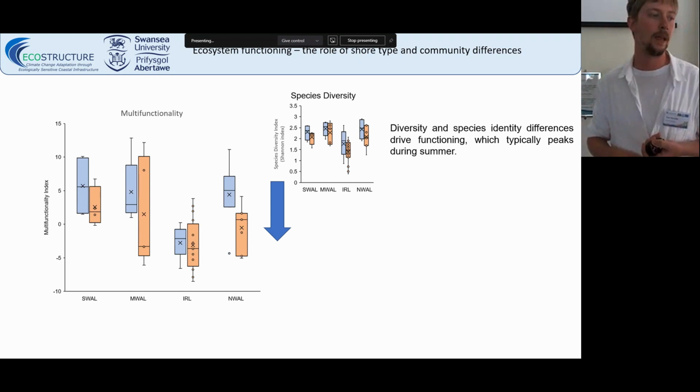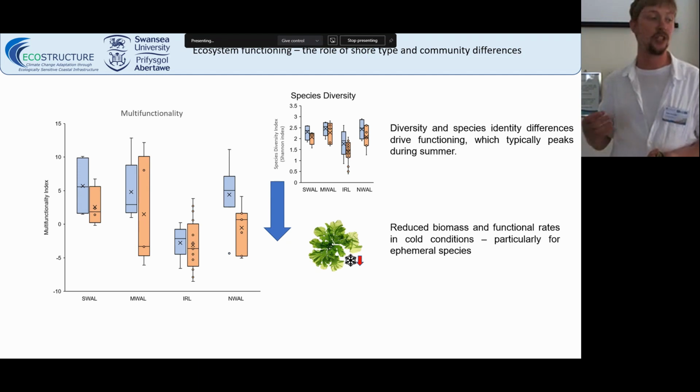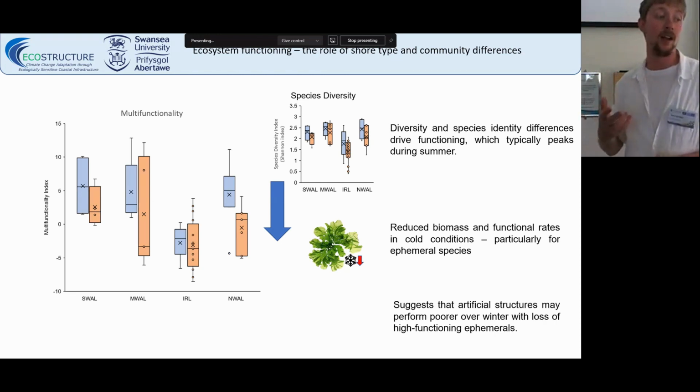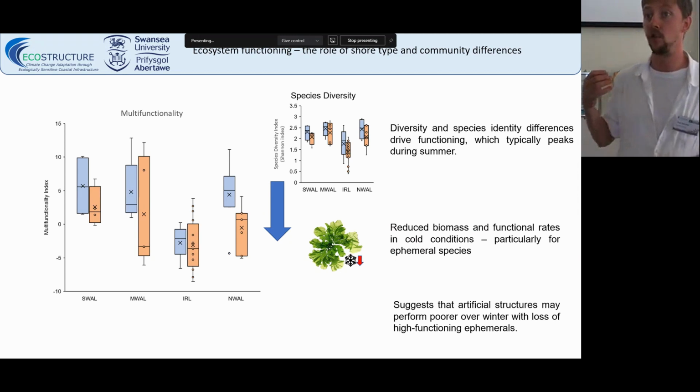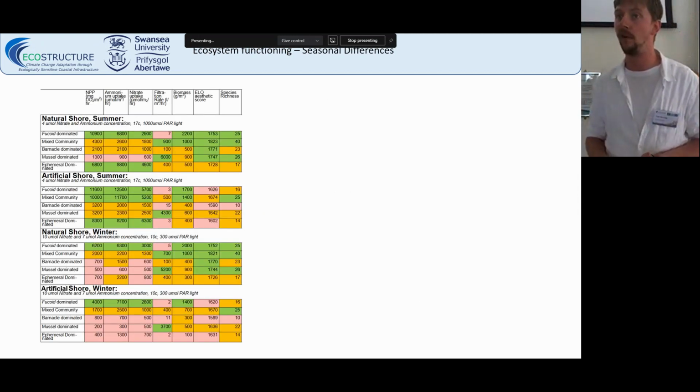However, many of the species perform more poorly in low temperatures and low light intensities. Many ephemerals die off or die back over the winter, which is likely to drastically alter the provision of function. Given that many artificial structures exhibited a higher proportion of ephemeral species, it was expected that it would impact artificial structures far more than natural shores, and that's exactly what we found in other analysis that we did.